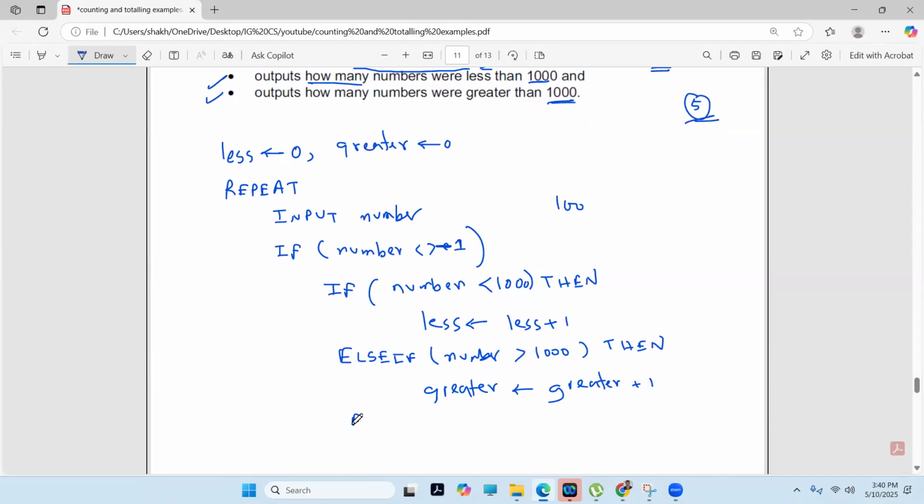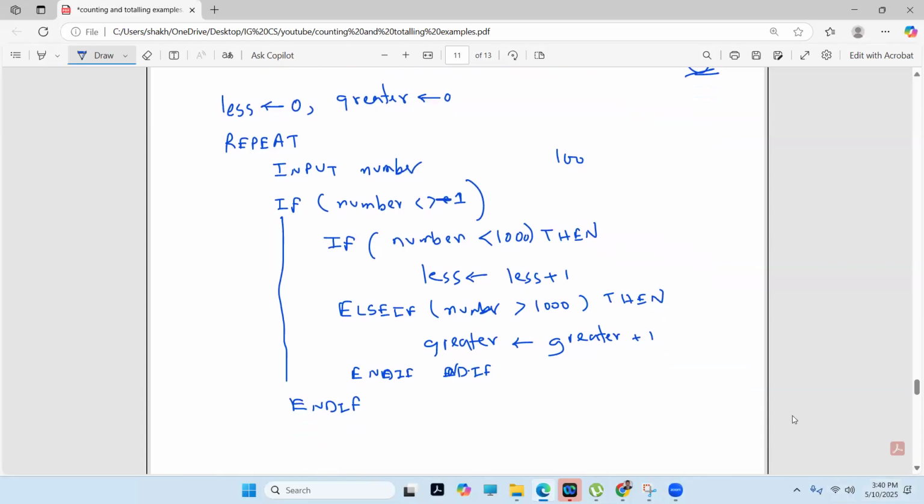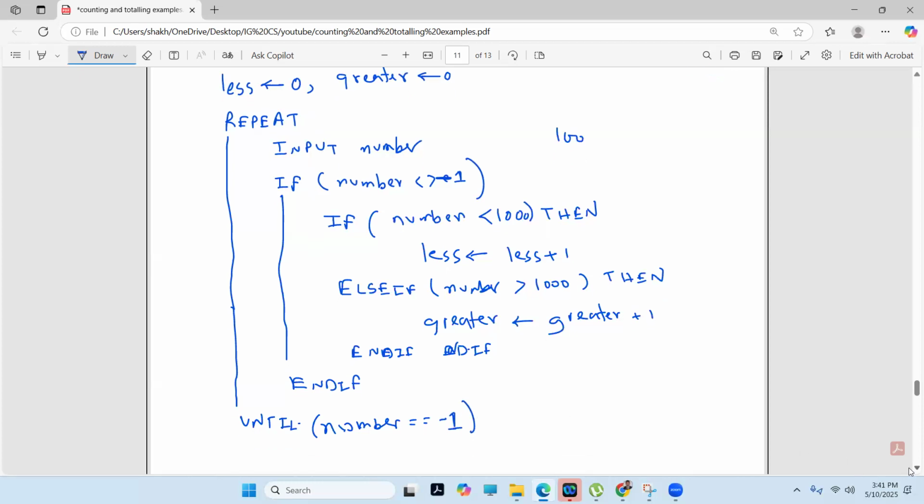That's it. Then we write end if. And this if also we need to close, end if. Then until when? So repeat until the number is equals to -1. Okay, that's it.